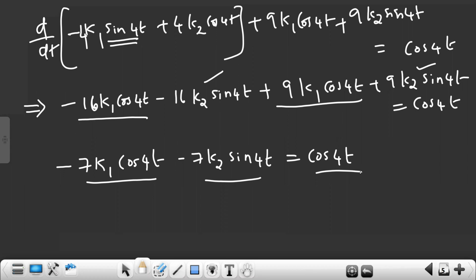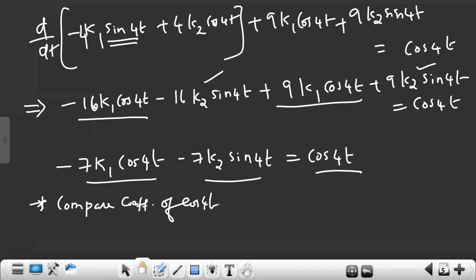Okay. Or else you can compare identical terms, right? That will be very easy, isn't it? Compare identical terms from both sides. If you compare the coefficients of cos 4t, what is the coefficient in the left hand side?